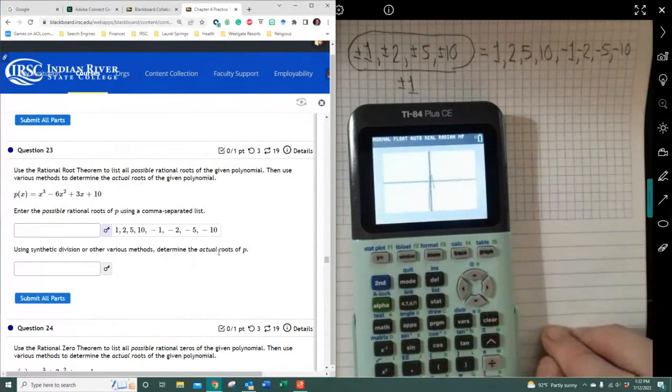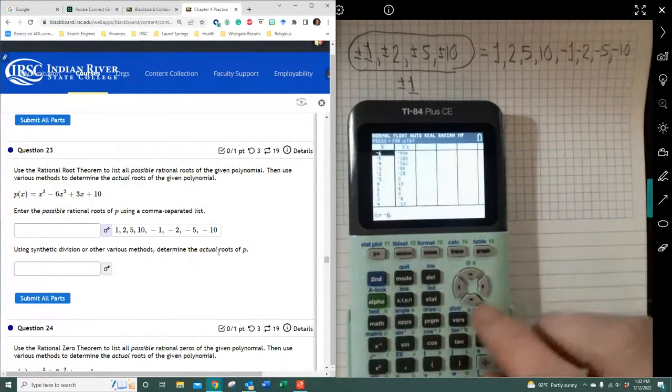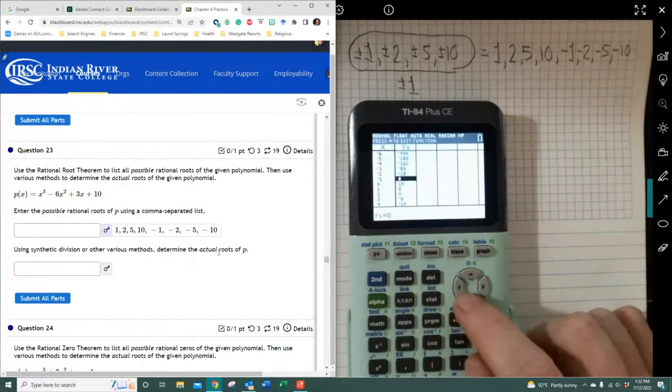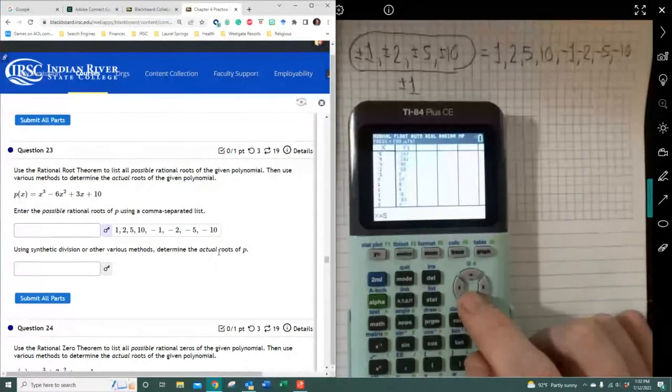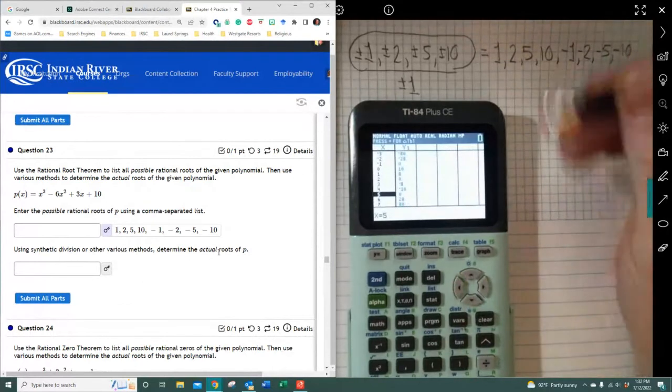We graph it, and then second graph allows us to find the zeros rather quickly, because all we're looking for is where it is 0 on y. And so it's 0 here, so it's at -1, 2, and then we have another one at 5. So those are our zeros.